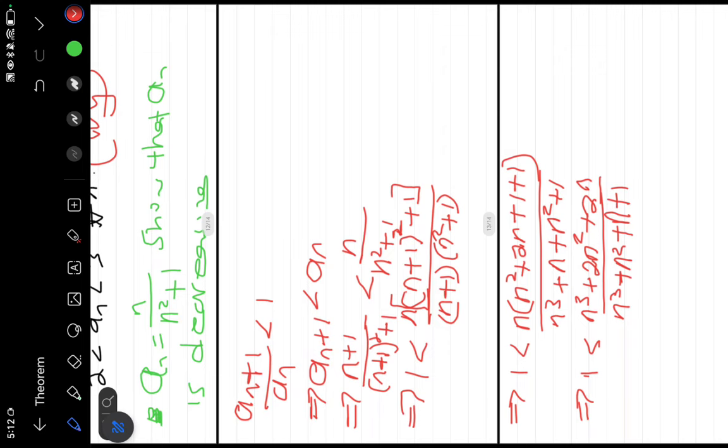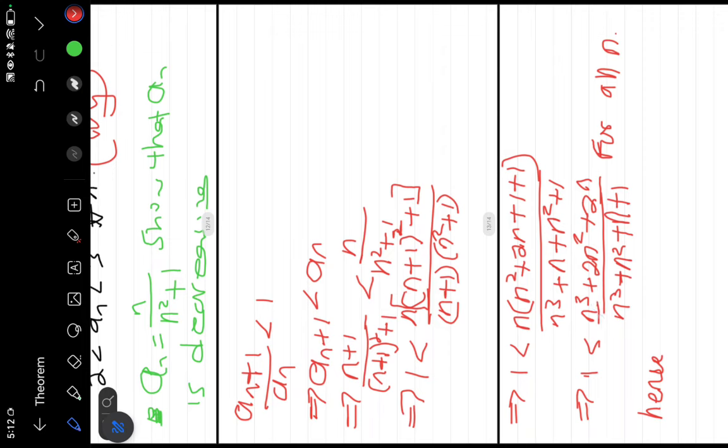So let's check this. Which one between the numerator and denominator is bigger here? The numerator is bigger.